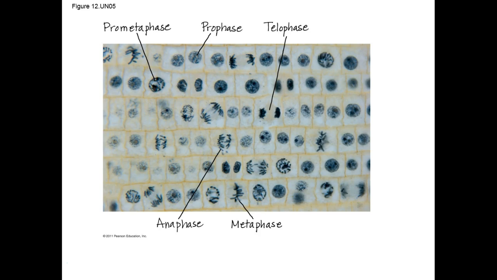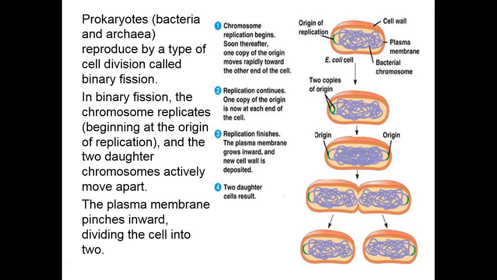The evolution of this process has been studied, and one of the things that have been studied, because it's simple enough, is bacteria, and how their cell cycle is understood.